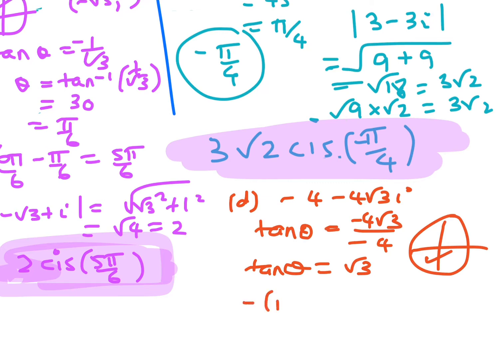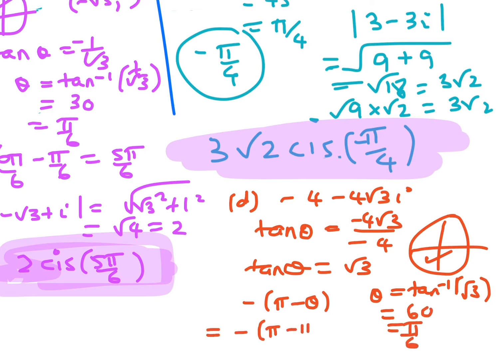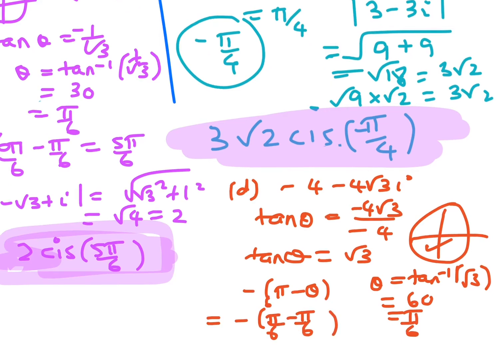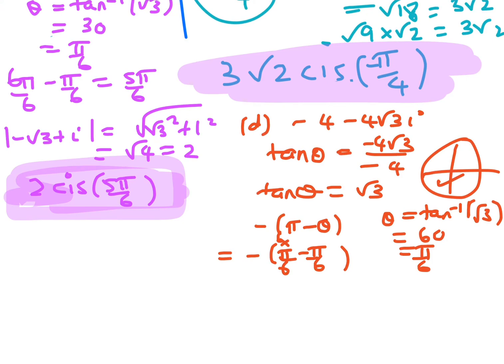So it's going to be minus pi plus theta. So the acute angle is tan inverse of root 3, which is 60 or pi on 3. So it's minus pi plus pi on 3, which will be minus 2 pi on 3.